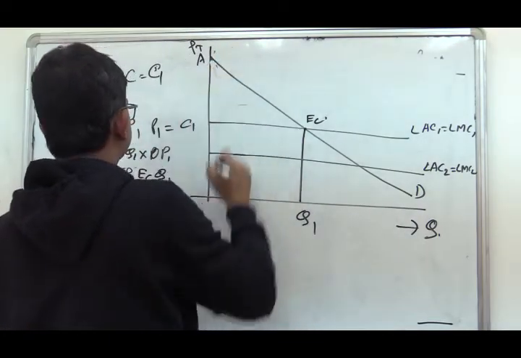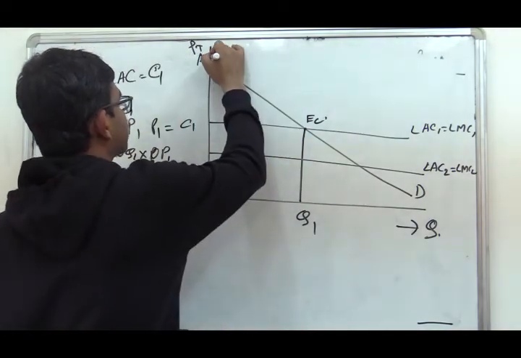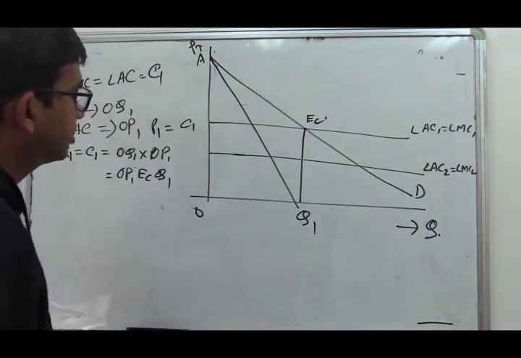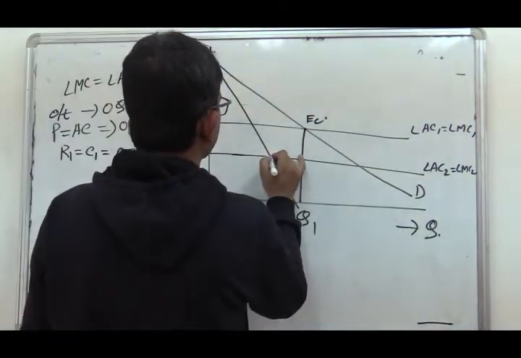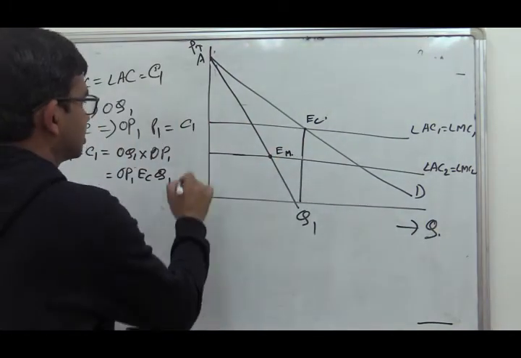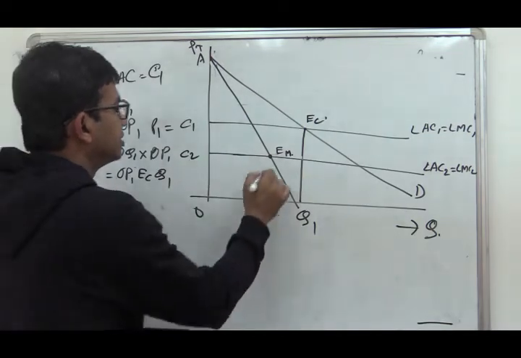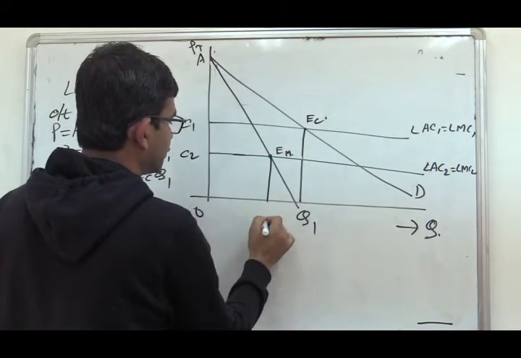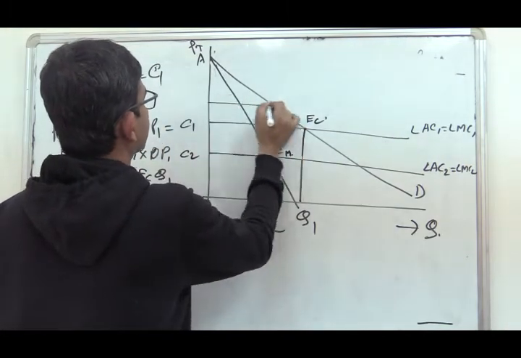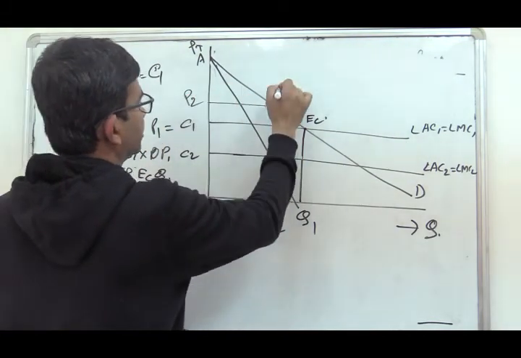Now we draw the corresponding marginal revenue curve. Here we see the equilibrium point of the monopolist is EM. This cost is OC2, monopoly output level is OQ2, monopoly price is OP2.